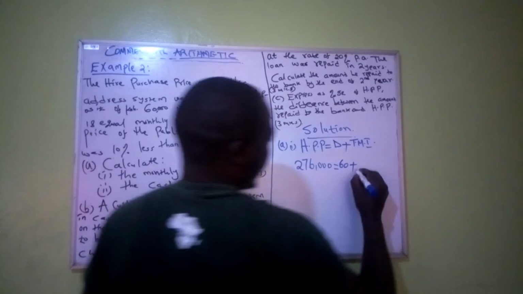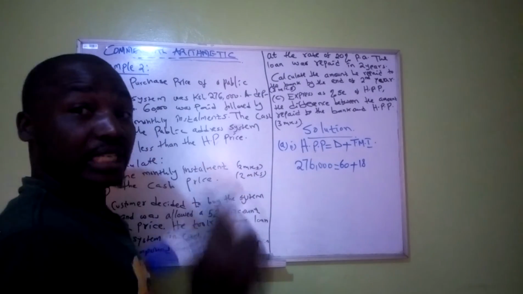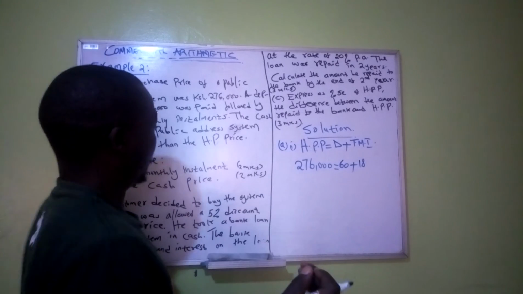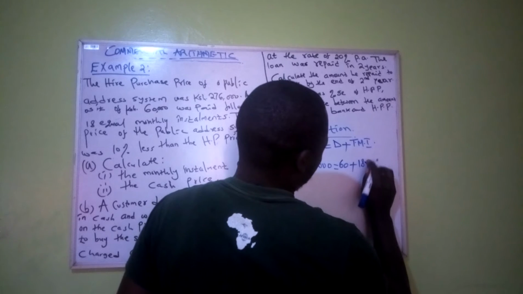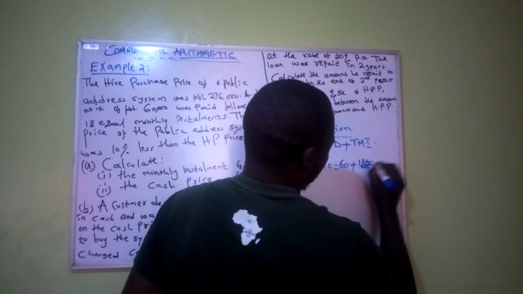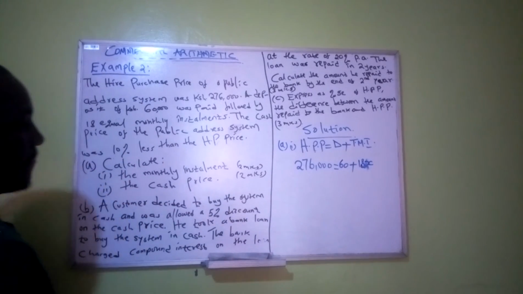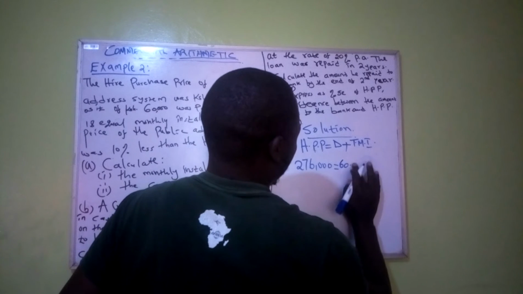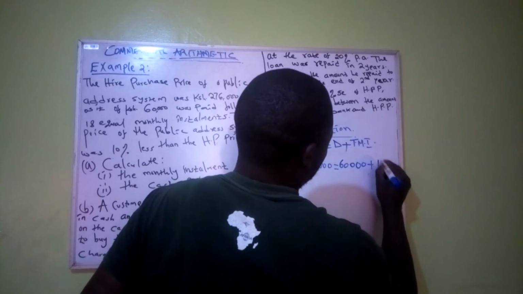We have the number of months, that is 18, but we don't have each installment, the amount he was supposed to pay per month. Let's call it X. So when you multiply, you get 18X. 60,000 plus 18X.